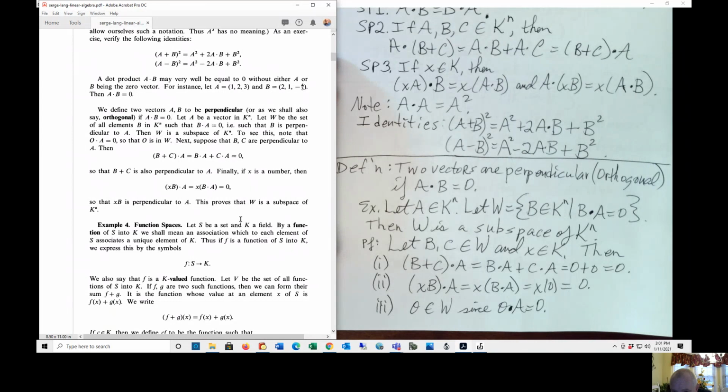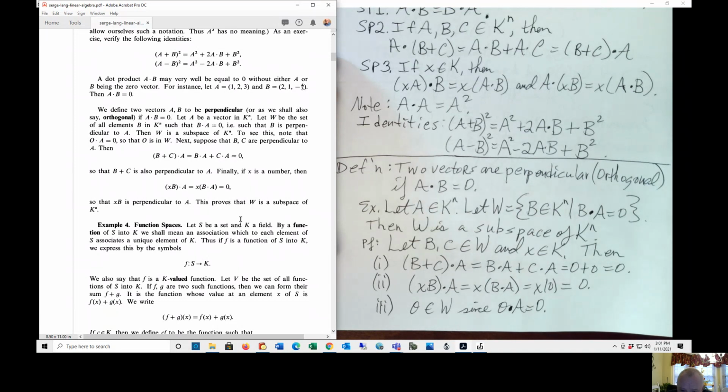Let A be a vector in Kn, and let W be the subset of Kn consisting of all vectors B in Kn whose dot product with the given vector A is 0. Then we can easily show that this set W is a subspace of Kn.